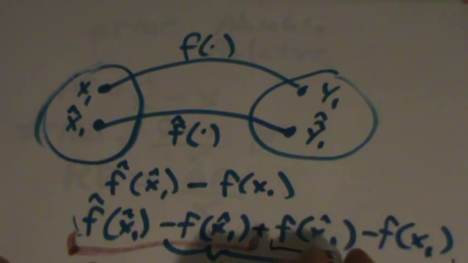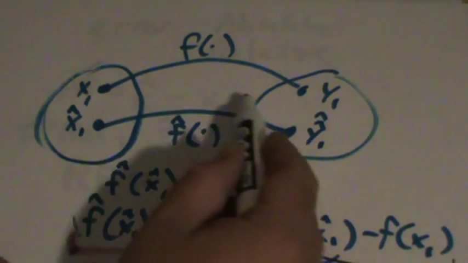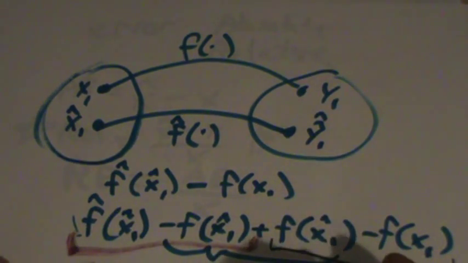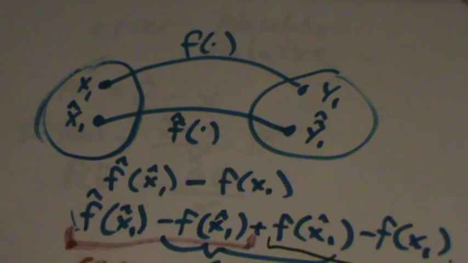So this inside, if I was just doing x hat 1 minus x1, that would be the data error. And this is what happens if I had started from here and I had used actual f. And so that one is telling me how the data error was propagated. I'll put prop in there for propagated just to keep it straight.